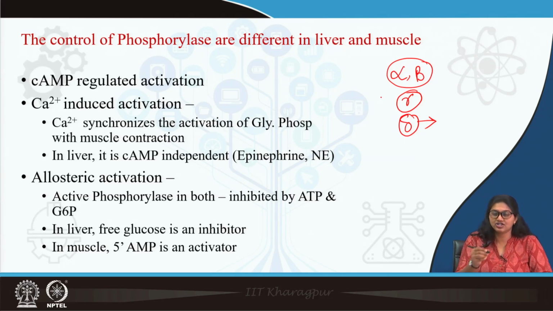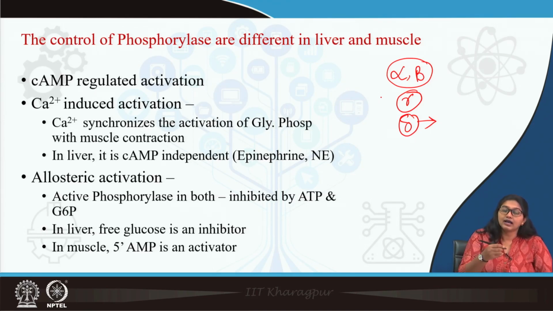Now, this calcium induced activation occurs inside skeletal muscle, whereas in liver calcium induced activation is cyclic AMP independent, and it is activated by epinephrine and norepinephrine with activation of alpha 1 adrenergic receptors. So, this is one.